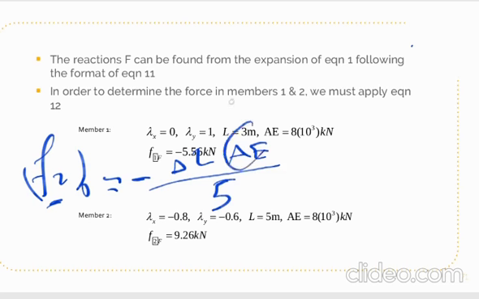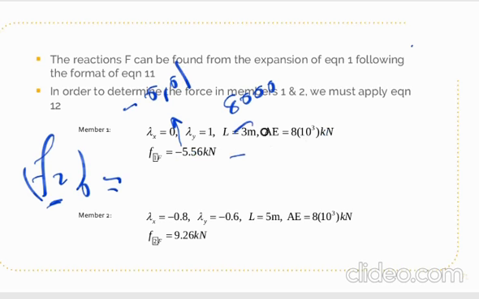AE is already given as 8,000, and delta L is minus 0.01, so this one equals 16.